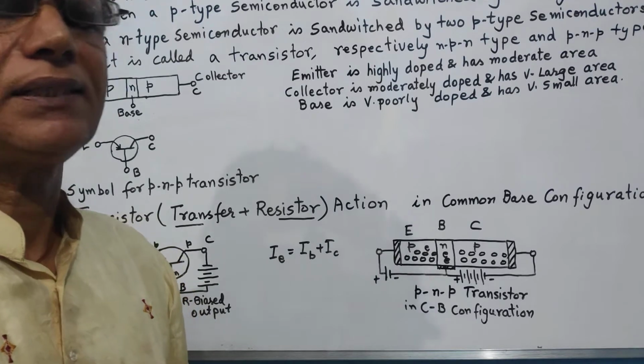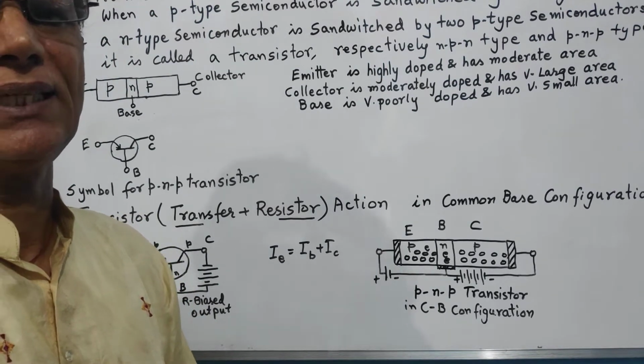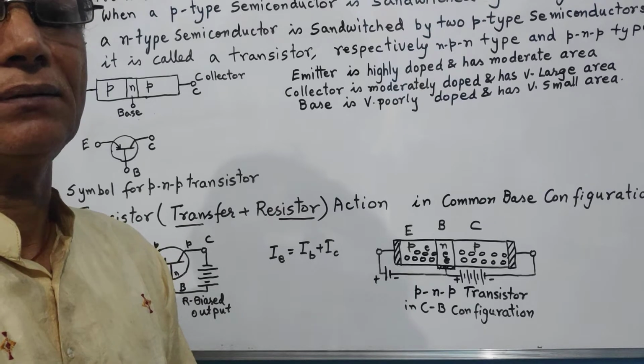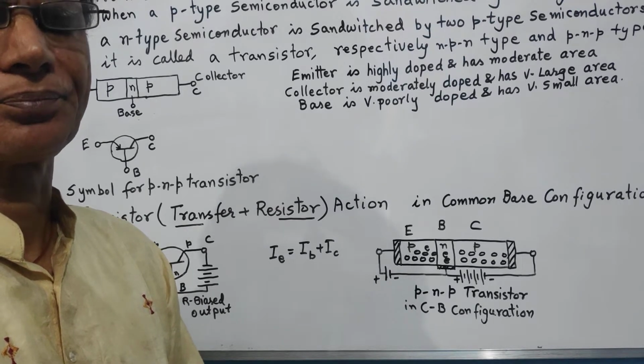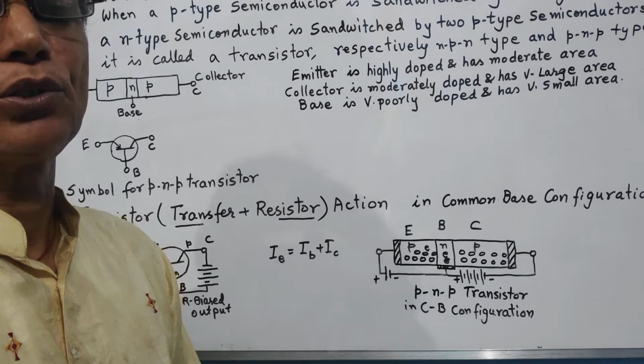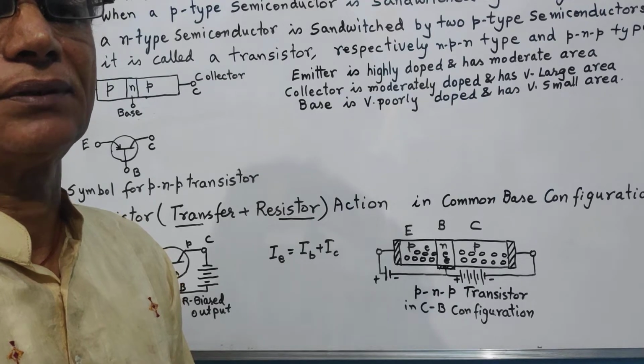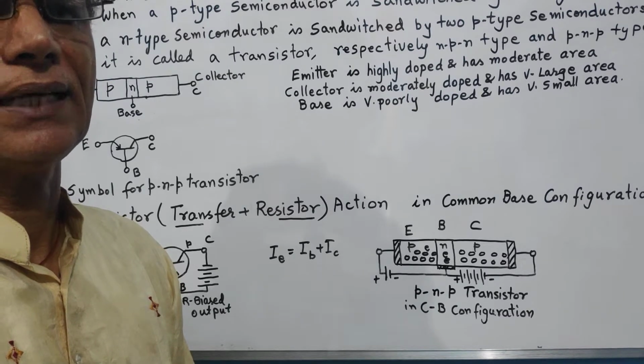Why do we call it a transistor? In fact, it transfers the resistance, which means it enables the charge to move easily through the barriers developed at the p-n junction of a p-n junction diode.